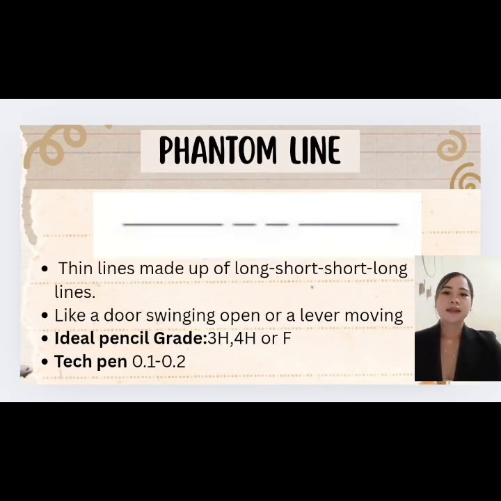A phantom line is a thin, broken line made up of a repeating pattern of long, short, short, long dashes. It is used in technical and mechanical drawings to show the alternate position of a moving part or to indicate related parts that are not directly visible. So ang phantom lines is gamiton sa object nga mo move.